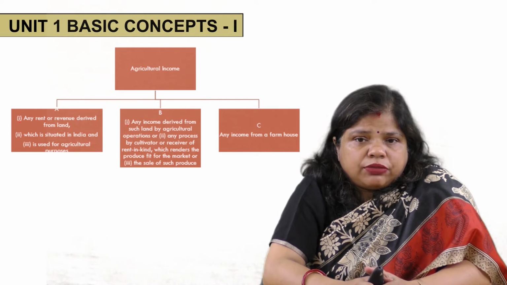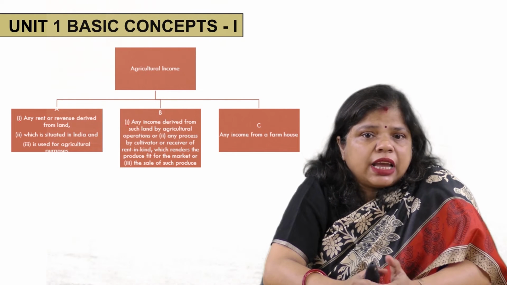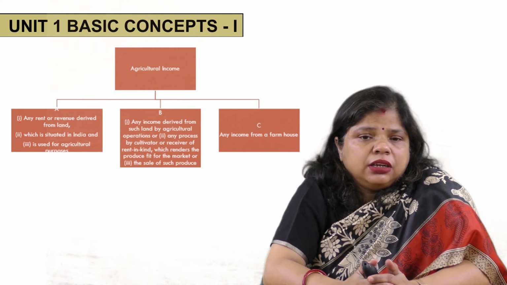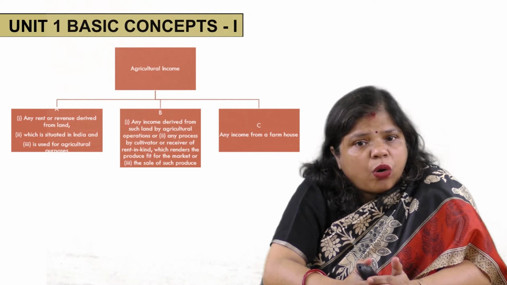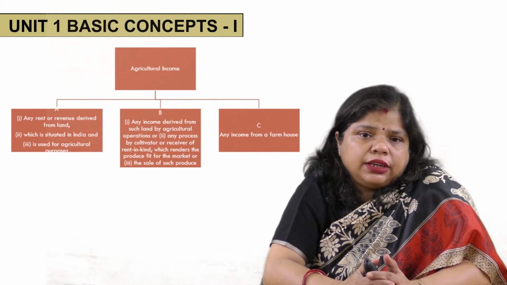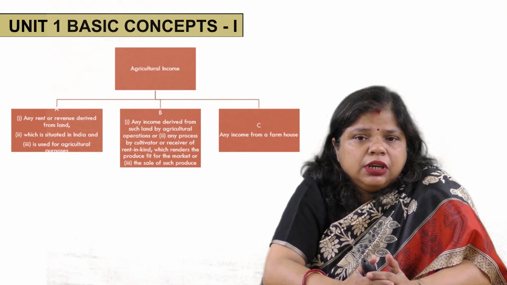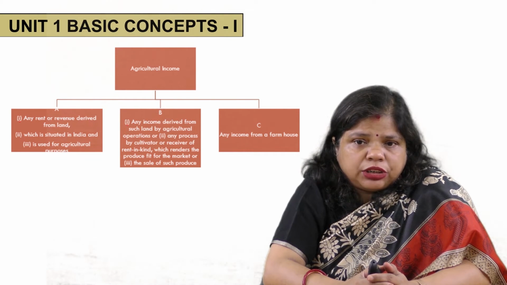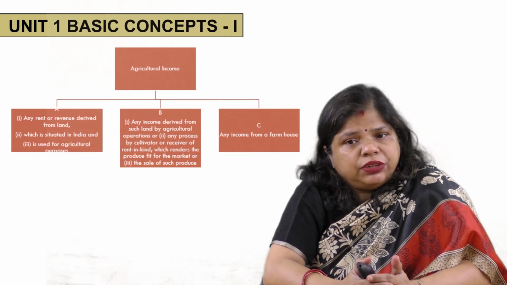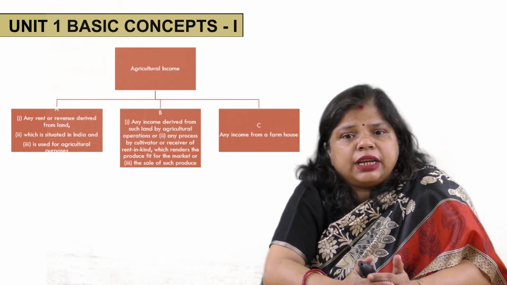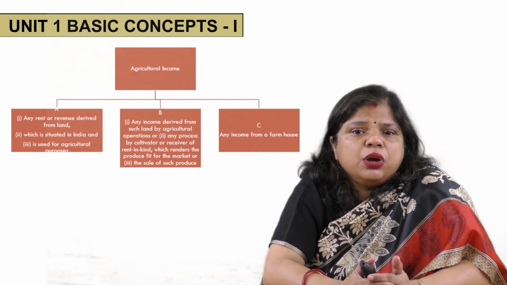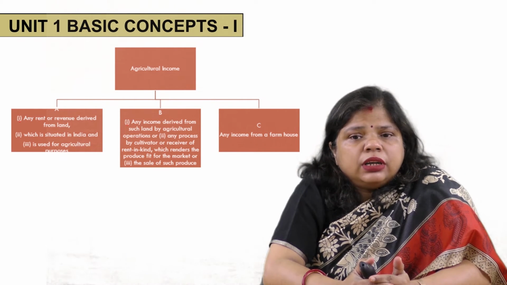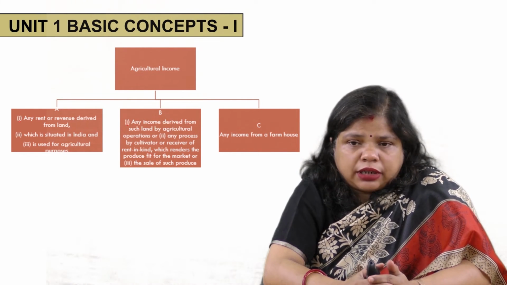There are three types of agricultural income. First is any rent or revenue derived from land which is situated in India and is used for agricultural purposes. Second is any income derived from such land by agricultural operation, or any process by a cultivator or receiver of rent in kind which renders the produce fit for the market, or the sale of such produce.